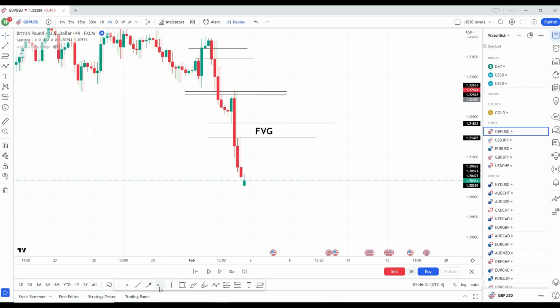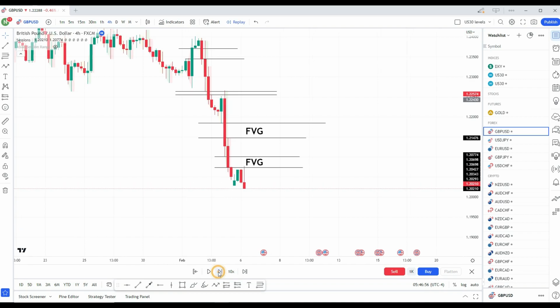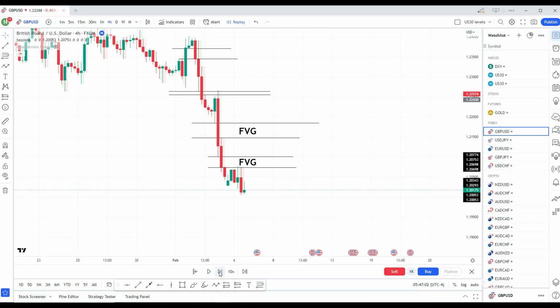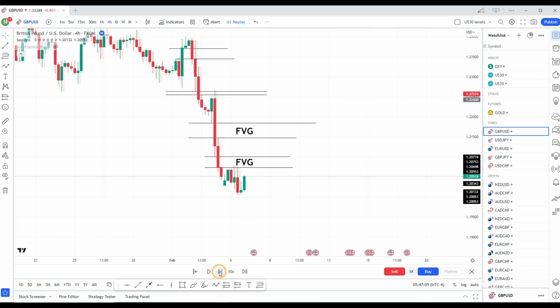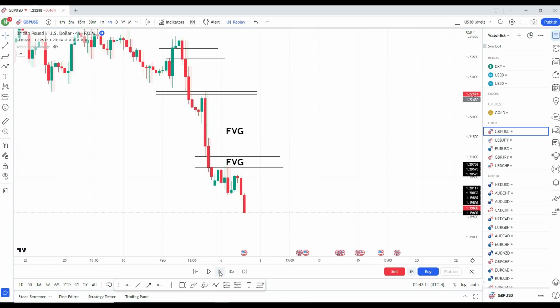Now there's another one here generated already. Any 3 candles. It has not yet been filled. Let's be patient and see if it will be filled. The imbalance not yet mitigated.